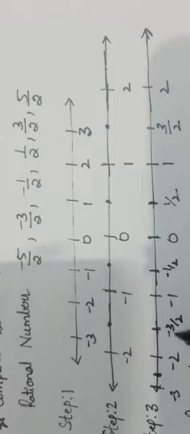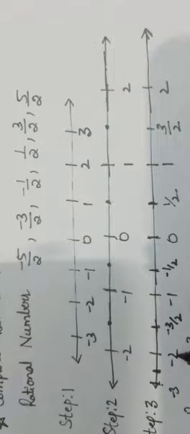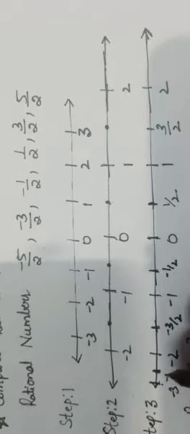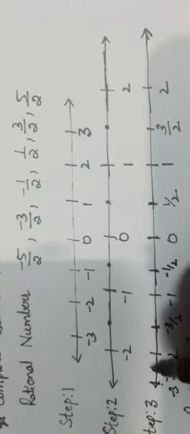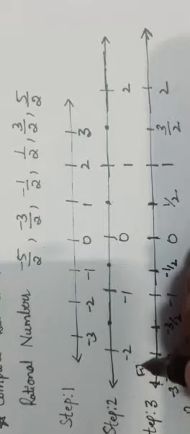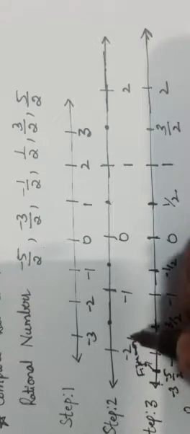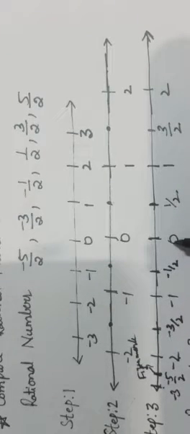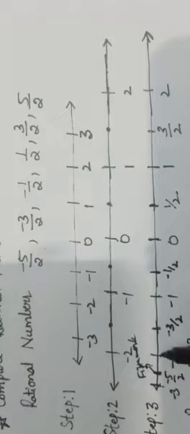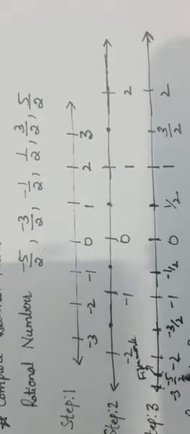To represent minus 5 by 2, after minus 3 by 2, minus 4 by 2, then we have minus 5 by 2. This is the fifth mark. So, to the left of 0, the first, second, third, fourth, fifth mark is minus 5 by 2.